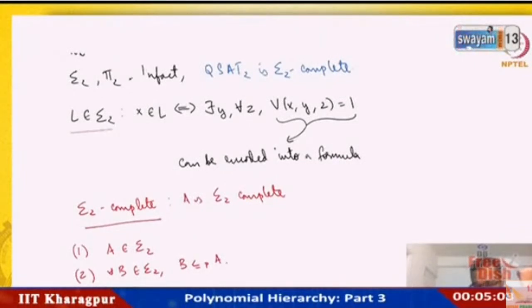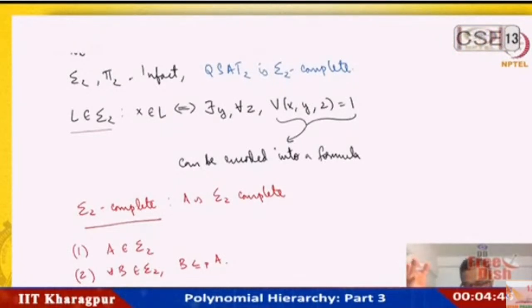Now if X is in L, by definition there exists Y such that for all Z, the verifier has to evaluate X, Y, Z to be true. Now the point is that this verifier, whatever this verifier does, can be encoded into some Boolean formula, right? At least maybe a length specific Boolean formula.